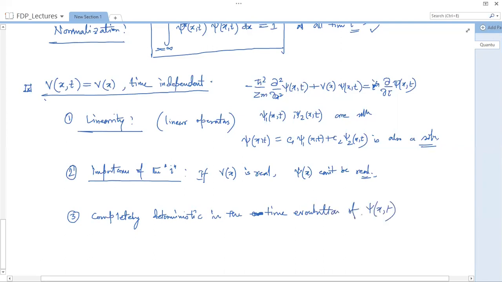Which means this is completely deterministic in the time evolution of psi, because this is a first order differential equation, first order in the time derivative. So if we know psi at some point t naught, at any time.